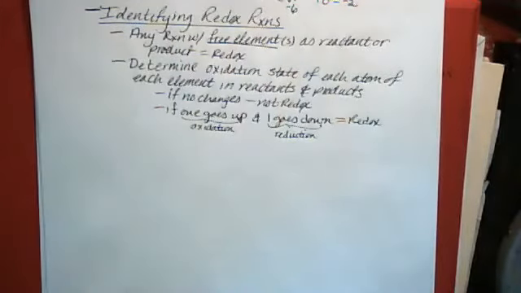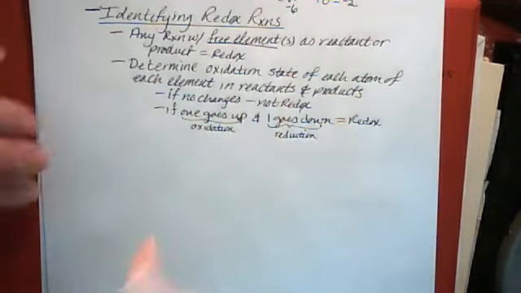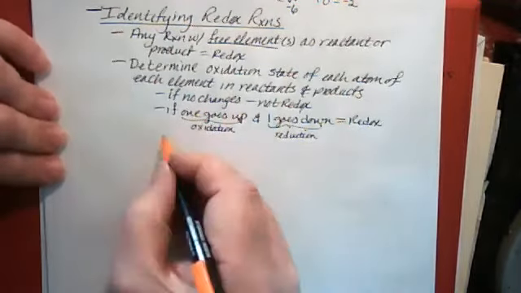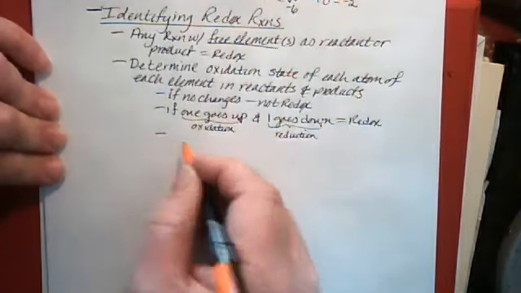In fact, that's kind of one of the easy ways of remembering what oxidation and reduction are. Reduction is a reduction in oxidation state. So if the oxidation state goes down, that means you've gained electrons, and that's a reduction. Okay, so if one goes up and one goes down, that's redox.